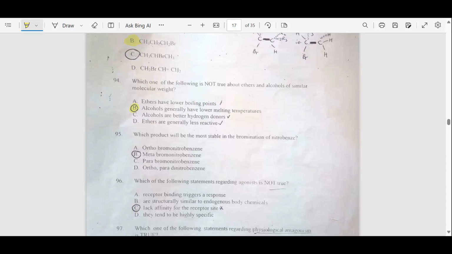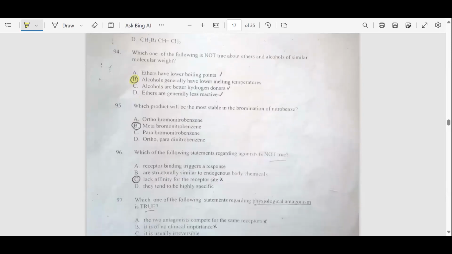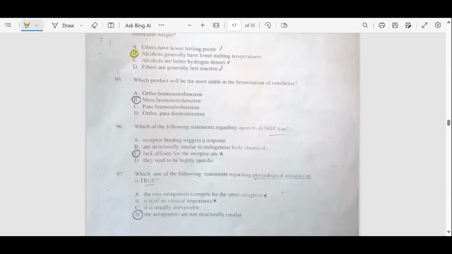So number 95, which product will be the most stable in the bromination of nitrobenzene? So we have ortho-bromonitrobenzene, meta-bromonitrobenzene, para-bromonitrobenzene, ortho-para-dinitrobenzene. The product that is going to be most stable when you react.